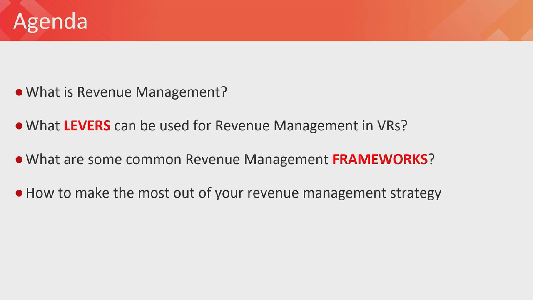The third thing we want to talk about is what frameworks you have when you want to pull these levers. So we don't want you to go out in the wild and start trying out things without fully knowing what's out there, what has been done before, and have some structure around it when you want to try something new, and how to measure it, how to monitor it, and how to track it. And then we'll close, pretty much.